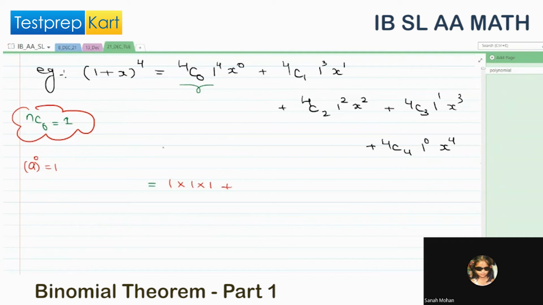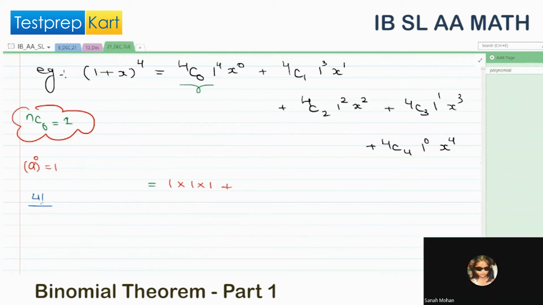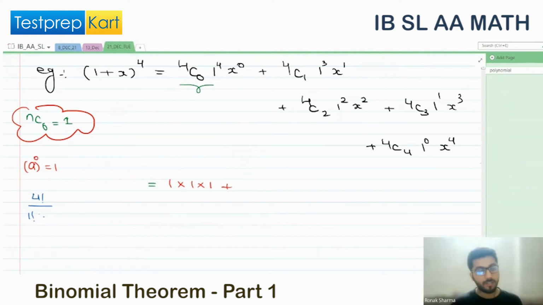4C1 would be... don't guess it, calculate it. 4 factorial by 1 factorial by, what will be in the denominator? 1, and then 3 factorial.